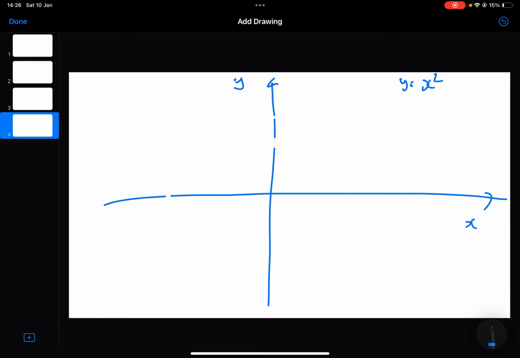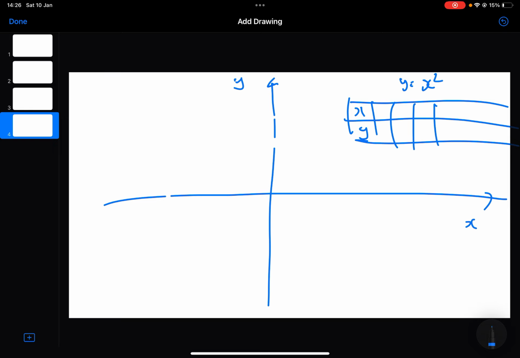This time round it is also still a relationship between y and x, and my y and x will keep changing with each other. So when my x is 0, y is 0 squared, so it is also 0. When my x is 1, 1 squared is also 1. When my x is 2, 2 squared is 4.